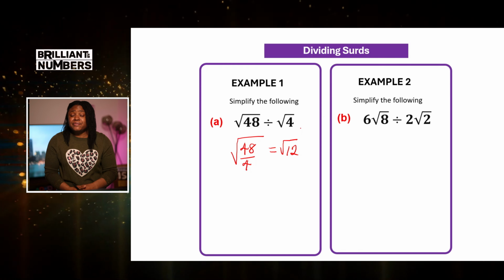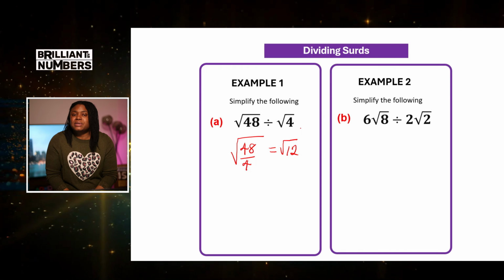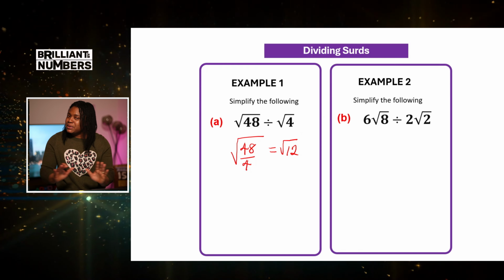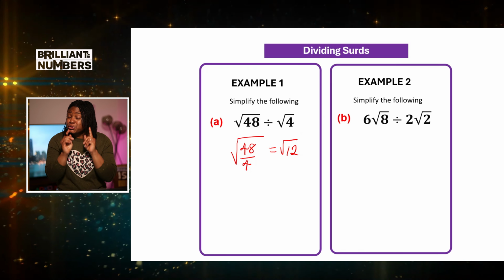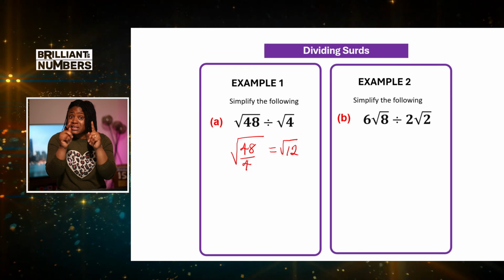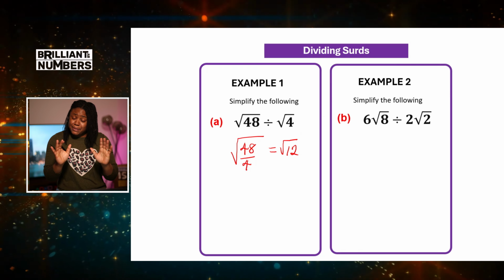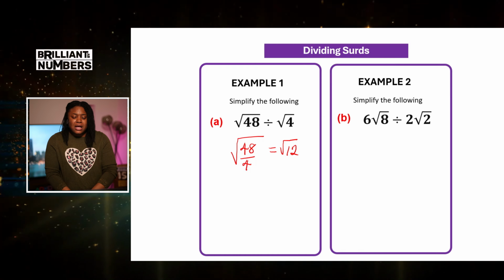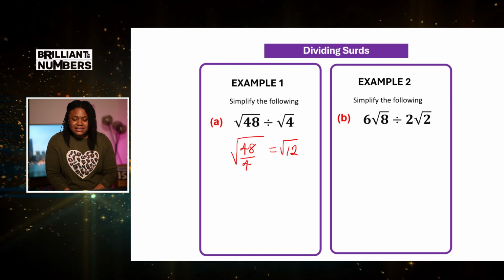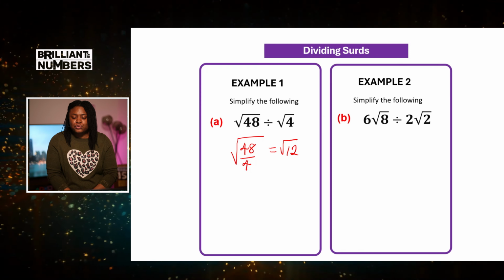Now, like I said before, root 12 could also be further simplified, but that will be taken care of in part 2 of this series, which means you need to be there. So we keep our answer in that form. We then go on to do 6 root 8 divided by 2 root 2.